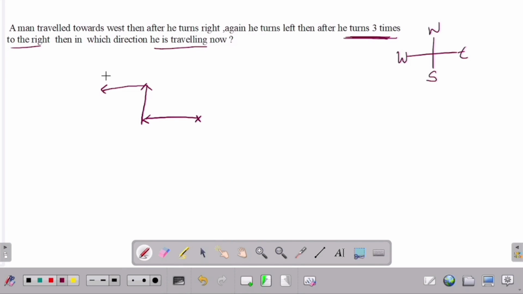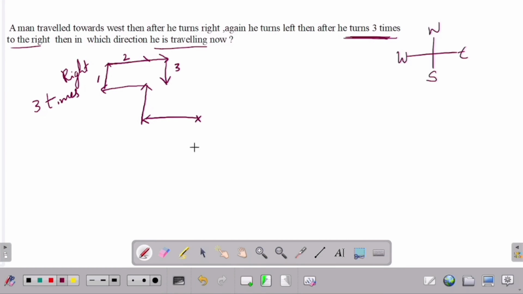So total 3 times. First time this is right, second time one more right, and third time one more right. So total how many rights? 3 rights. This is the last right, the third right. So 1, 2, 3.